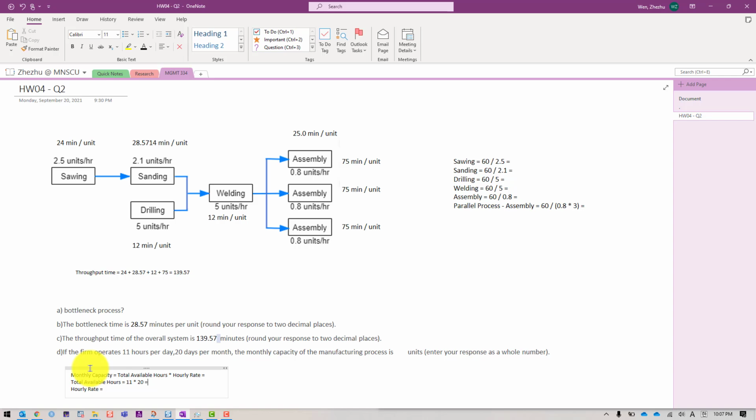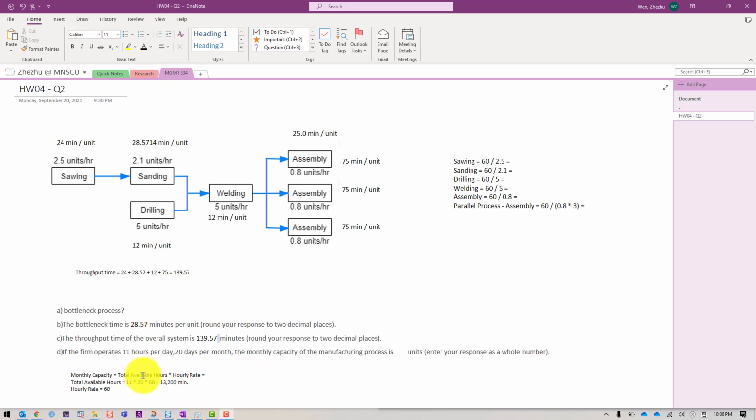Okay, I won't stop here. Instead, I'll multiply by 60 as well because everything so far has been using minutes as the time unit. So it's going to be minutes. Okay, this is total available hours in units. Hope that makes sense to you. And what's our hourly rate?